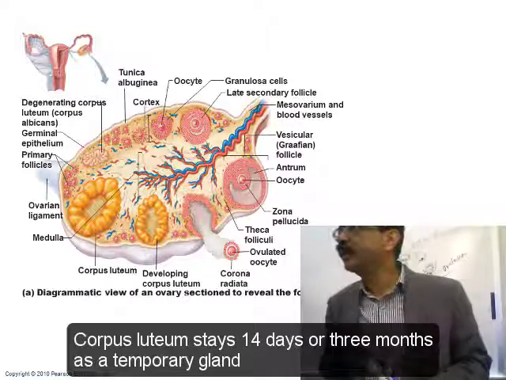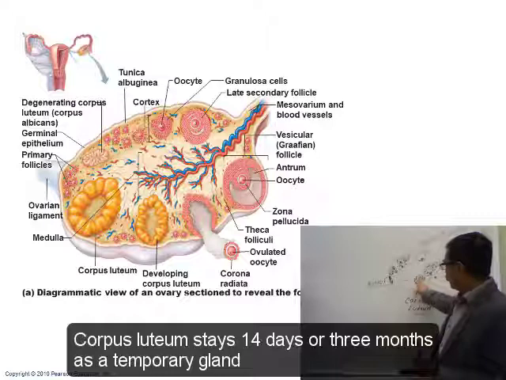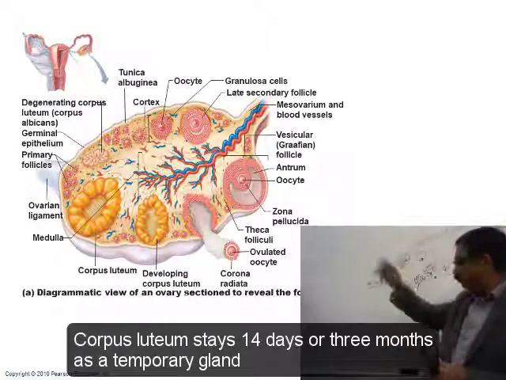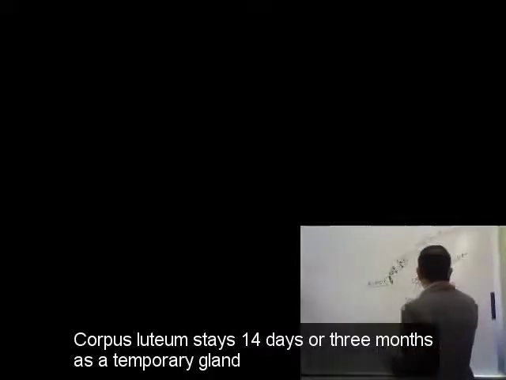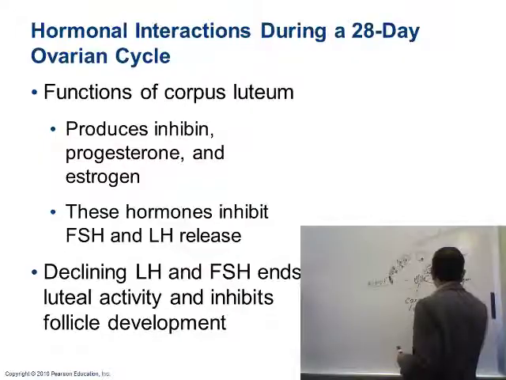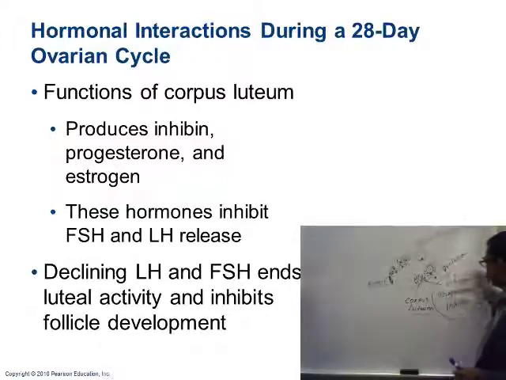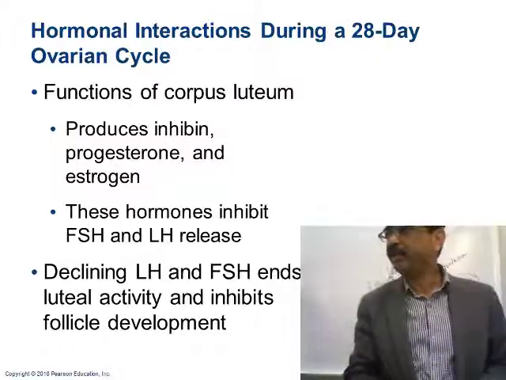Why do we say it is a gland? Because it produces and releases 3 important hormones: estrogen, progesterone, and inhibin. So these 3 hormones are produced and released by this temporary gland, corpus luteum.